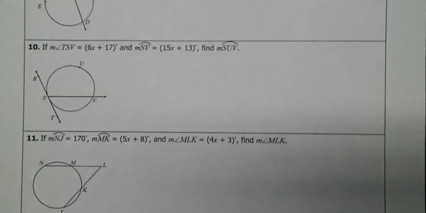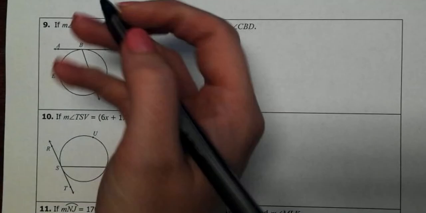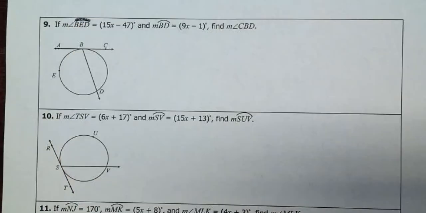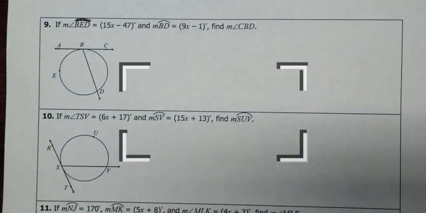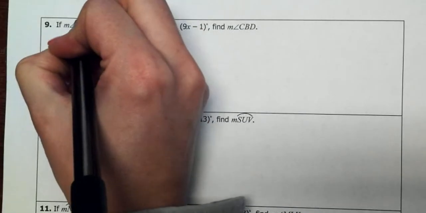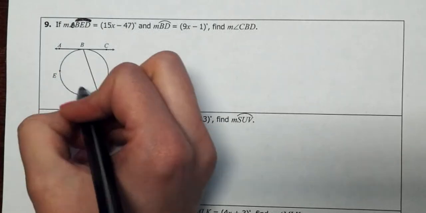And by the way, on number 9, they messed up, and they should have not put that arc over that angle. It is an angle. Oh, actually, no, it is an arc. Okay, so this is an arc, not an angle. This is arc BED.